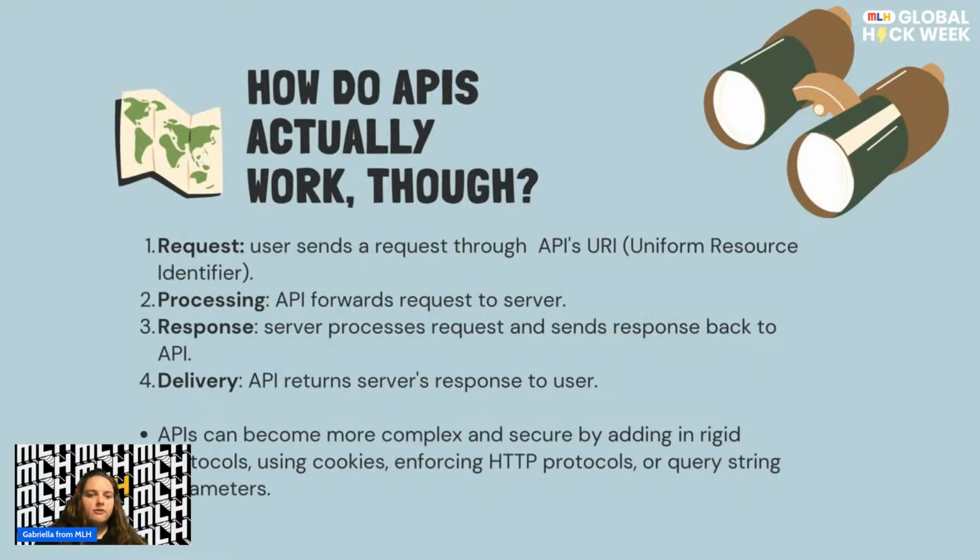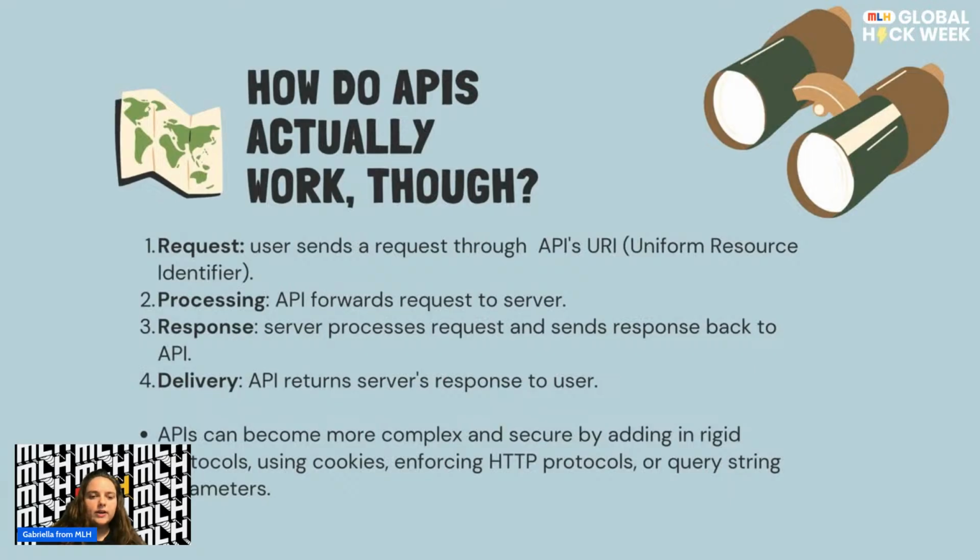If you're unfamiliar, cookies are what remember information on the web. So if you use cookies in addition to your API, you'll be able to remember more information and won't have to send as many requests because you have more things stored on the web page itself. Enforcing HTTP protocols just makes the web page more secure so that your API is less vulnerable to attack.